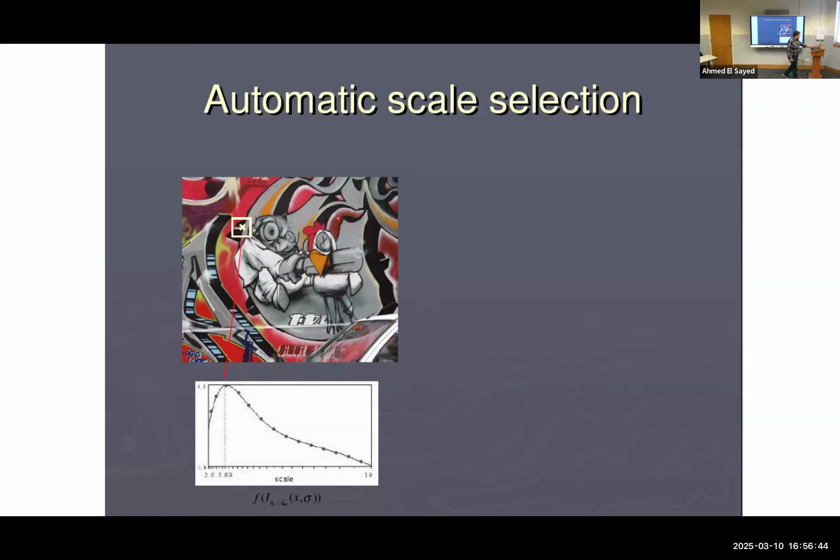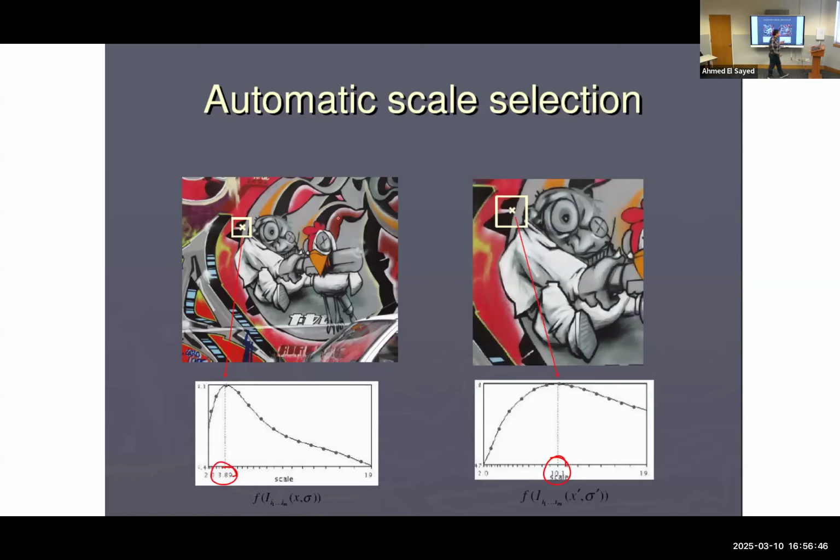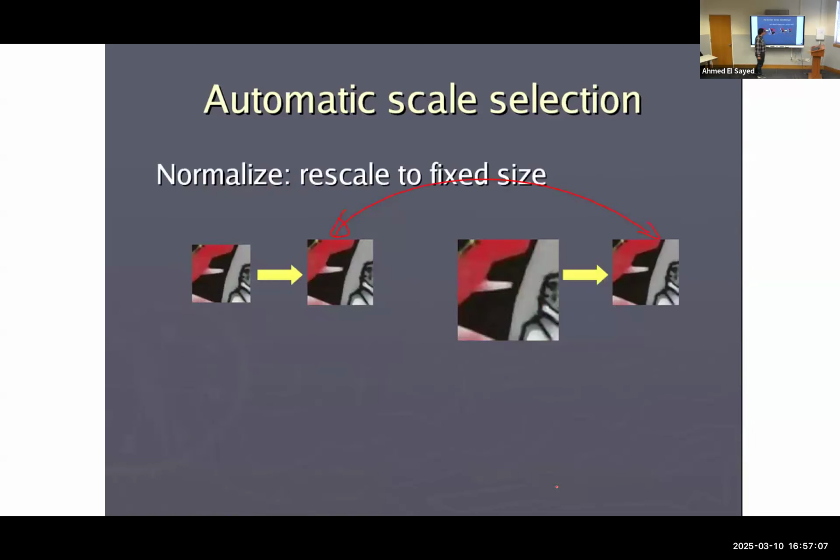Then, if I have another image I want to match with, I will do the same exact thing with it. Then I will find the scale that gives me the highest coefficient value for each, take those coefficient windows, scale them according to this scale, then I can do the match between them. Make sense?